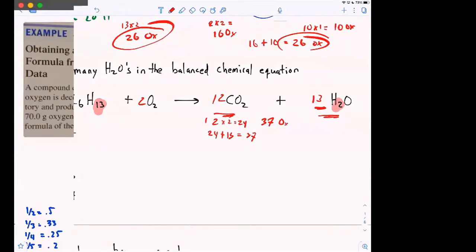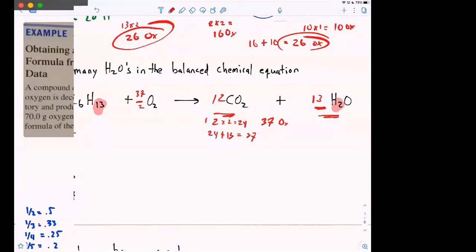My O's and my zeros look exactly the same. So you have 37 oxygens on the right, which means when we balance it, we'll have 37 over 2.